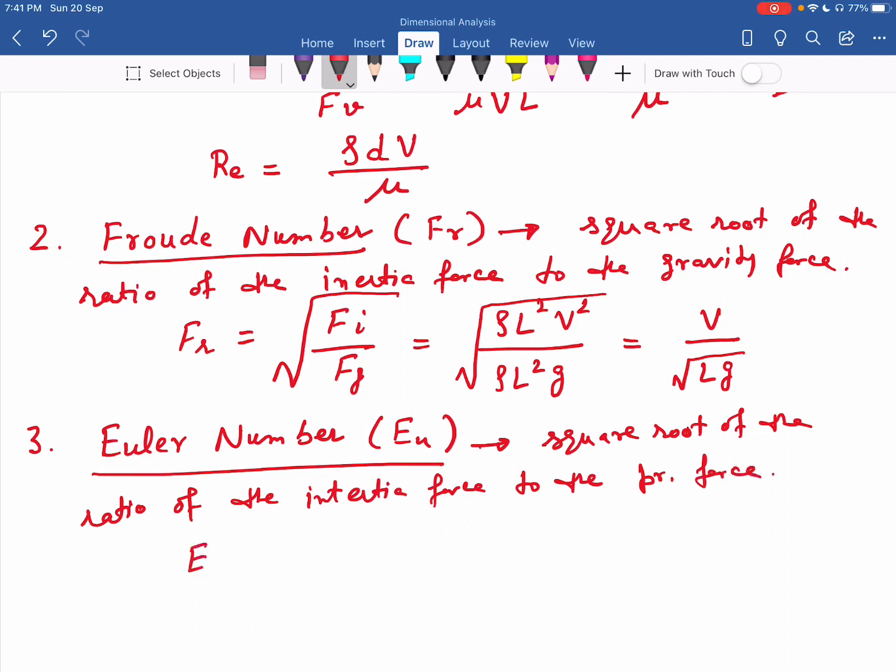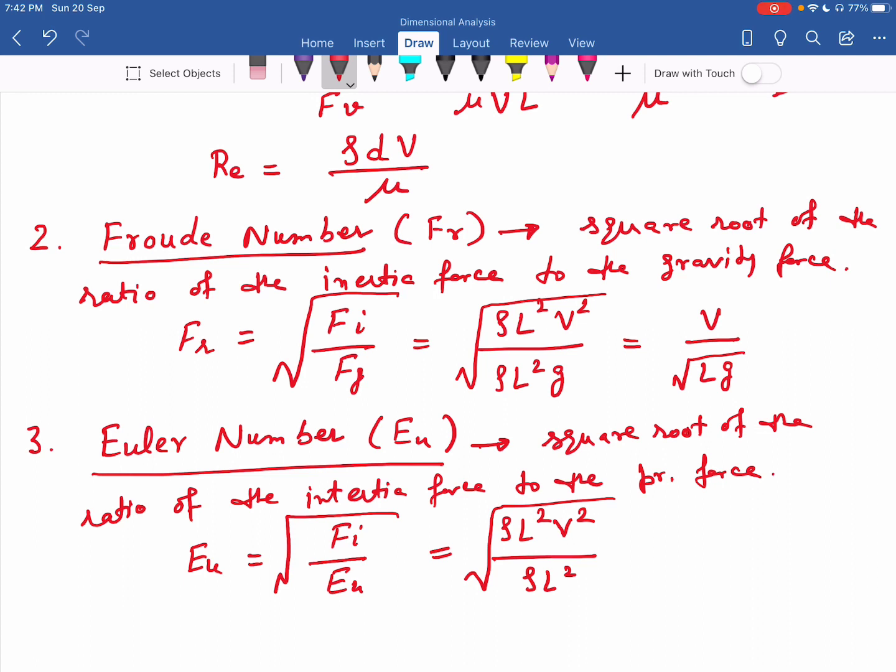So you can write Euler's number as Fi divided by Fp under root. So put the value of Fi and Fp: rho L square V square, and Fp is P L square, under root. So this comes out to be rho V square upon P, or it is V upon P by rho under root. That is the Euler's number.